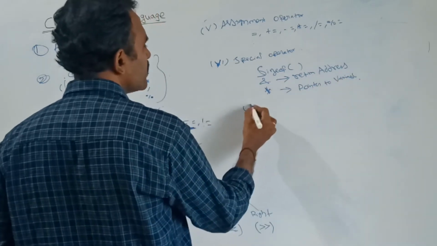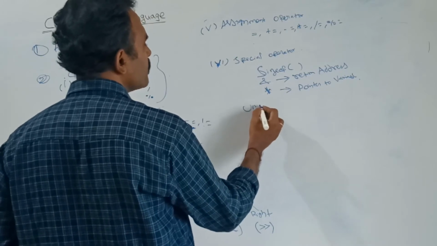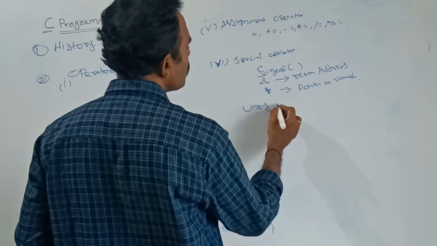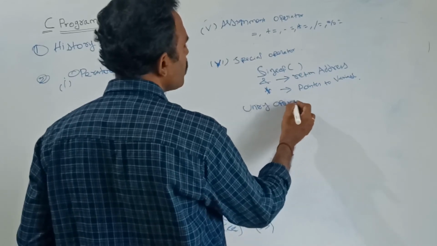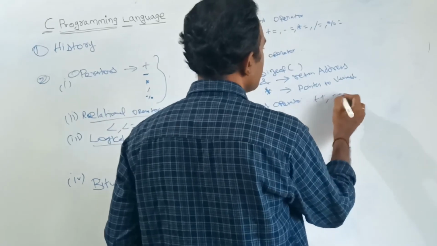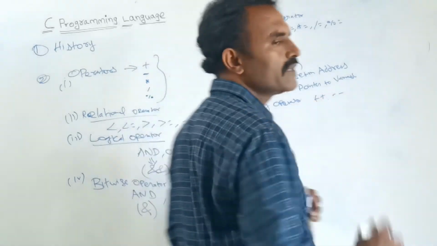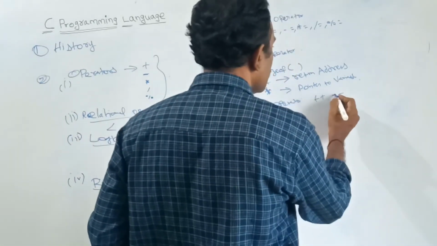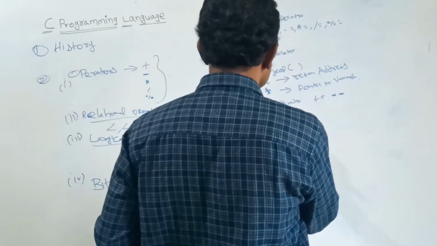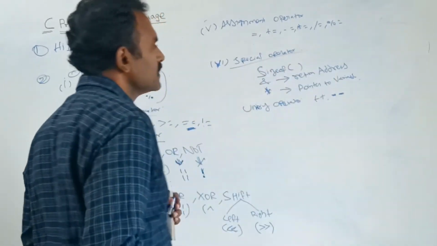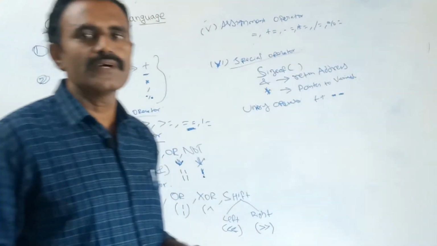And the unary operators: the plus plus symbol is used for increment and the minus minus symbol is used for decrement. So these kinds of operators are special operators in C language. See, first one, the sizeof operator.